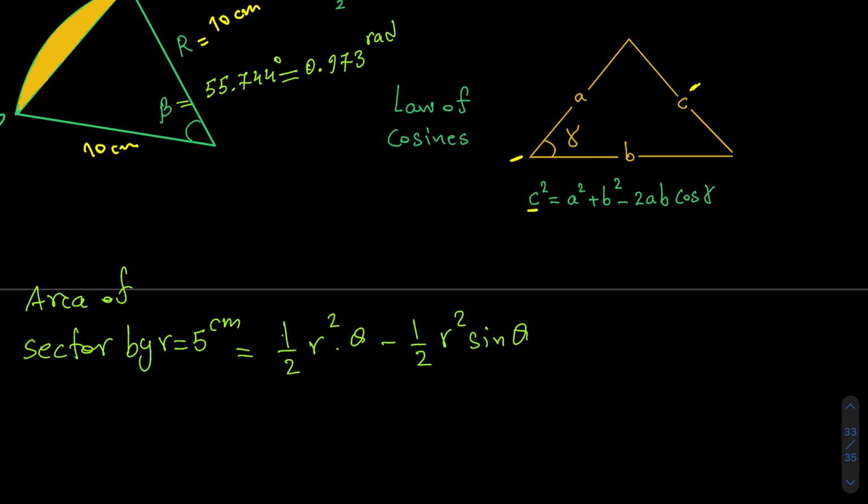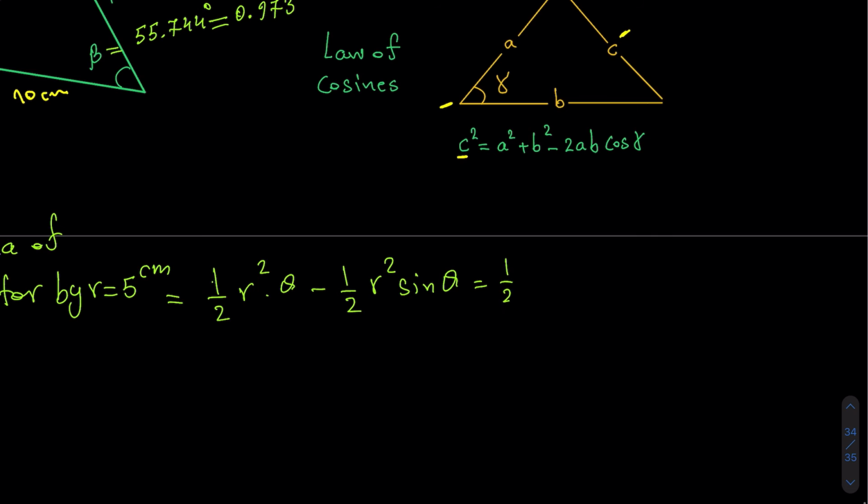Which will be equal to a half of 5 squared times 2.42 radians minus a half of 5 squared sine 138.64 degrees. We can use radians or write the degrees, it doesn't matter, there is no difference.